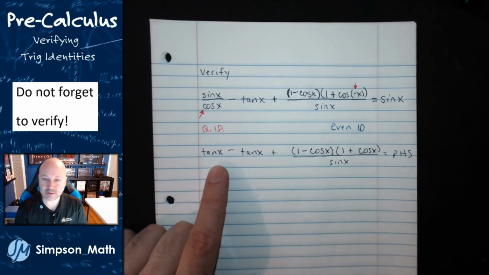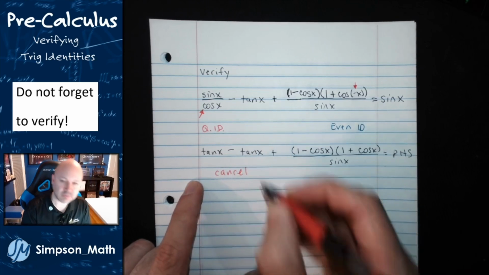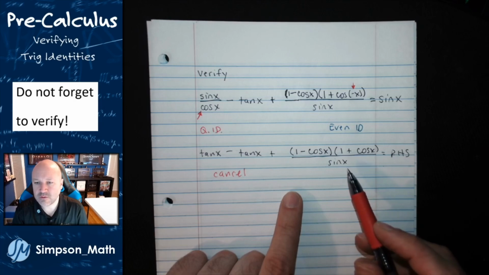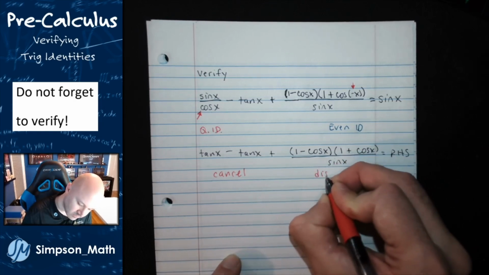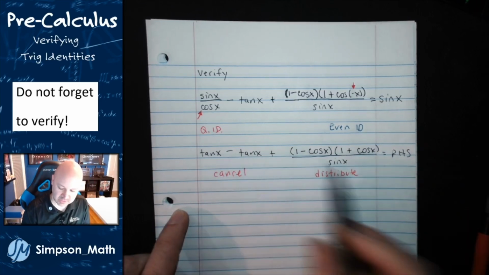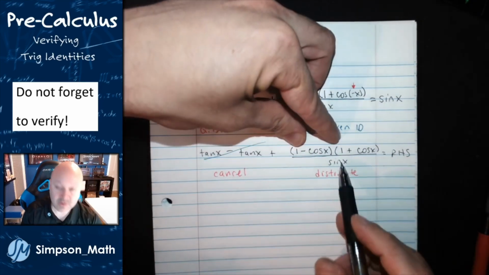Okay, these clearly are going to cancel or subtract or add like terms. I think over here I will distribute, FOIL, multiply. Those are completely gone. These are conjugates.